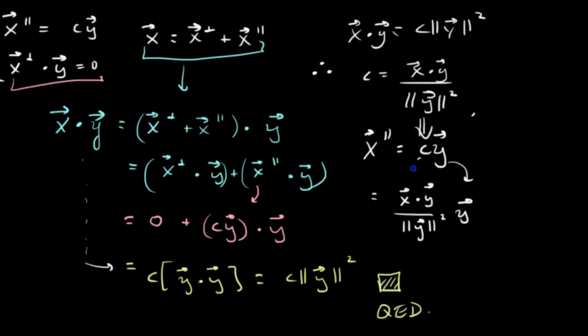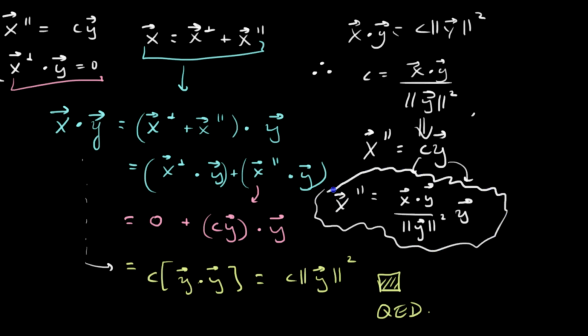The y carries over and the c carries over. So this is x parallel, and this is a very important result. I'm actually going to box this. This is known as the projection of x onto y.